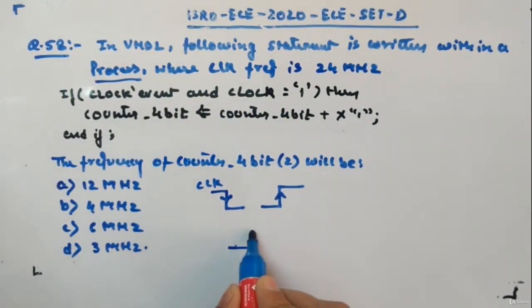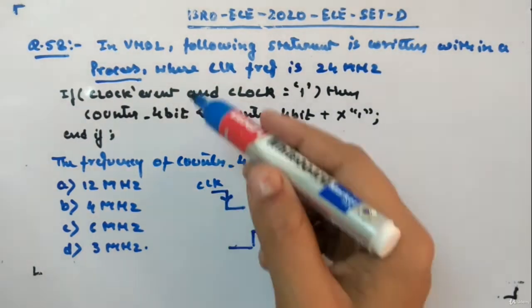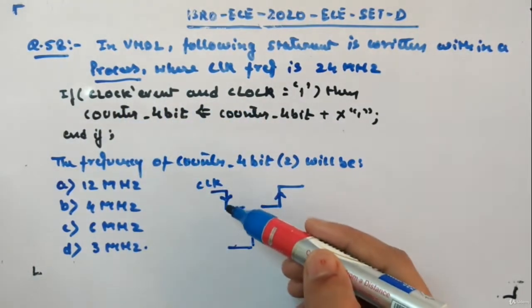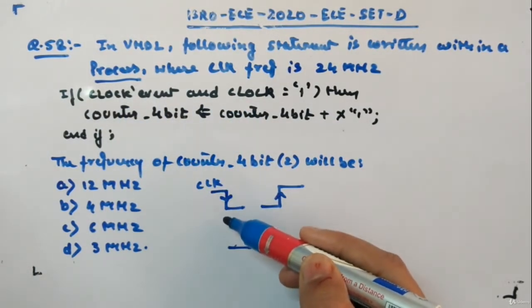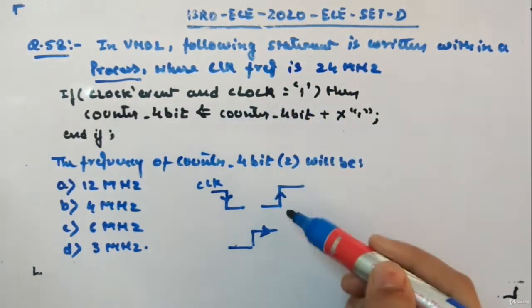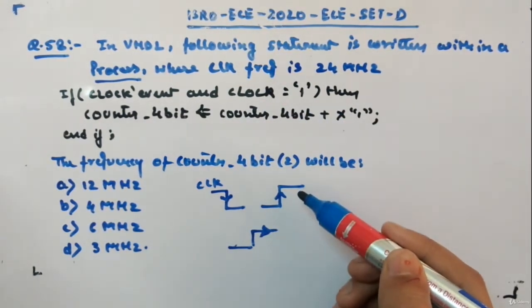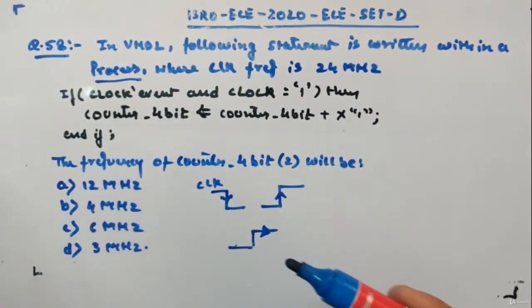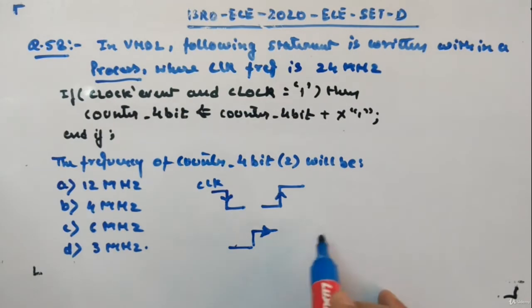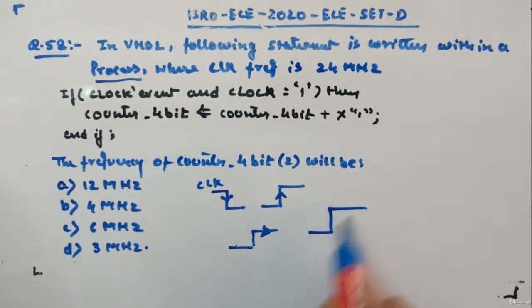If you combine these two conditions, what will happen? If there is a change in the clock and the clock is 1 after the change, then and only then execute this code.